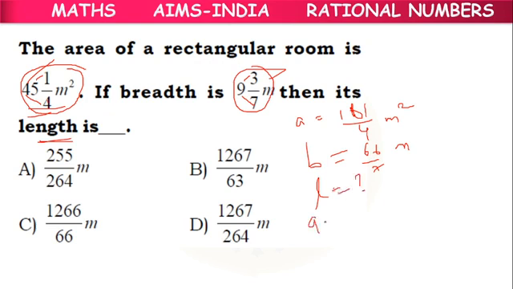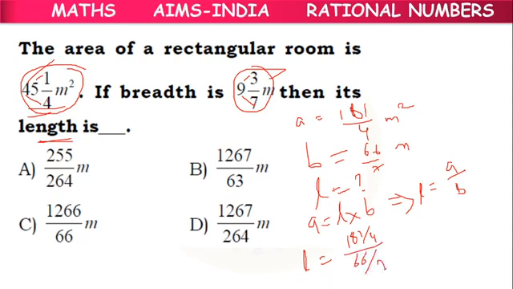We know the formula: area equal to length into breadth, which implies length equal to area by breadth. So length equal to, what is the area? 181 by 4, divided by what is the breadth? 66 by 7.